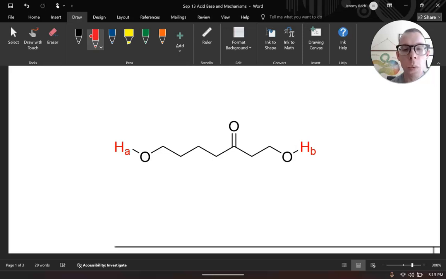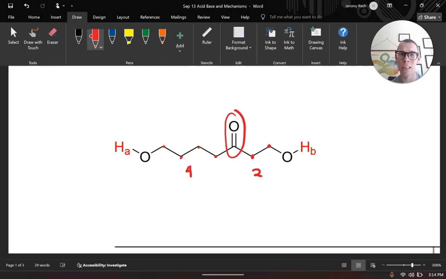But now if I look at where this carbonyl is, that oxygen is going to be electronegative. We're going to have a dipole associated with it. And I can see that I have a 2-carbon spacer to B, where I have a 1, 2, 3, 4 carbon spacer to my alcohol with HA. So here, we are going to get some inductive effect that's going to be stabilizing.